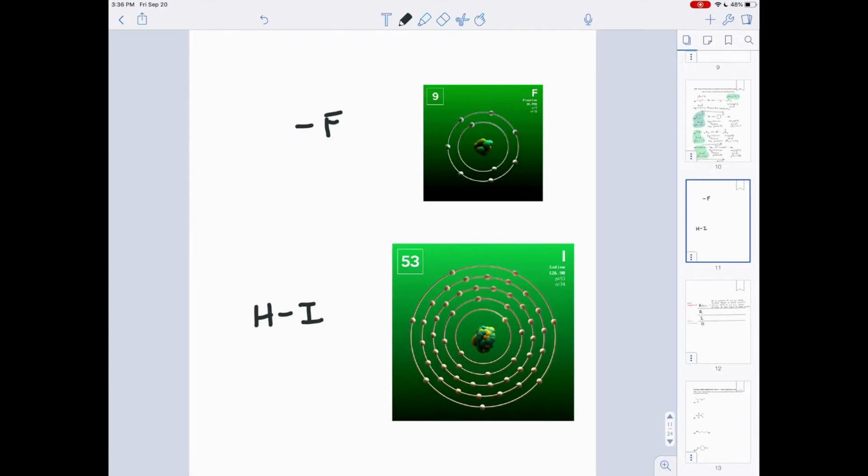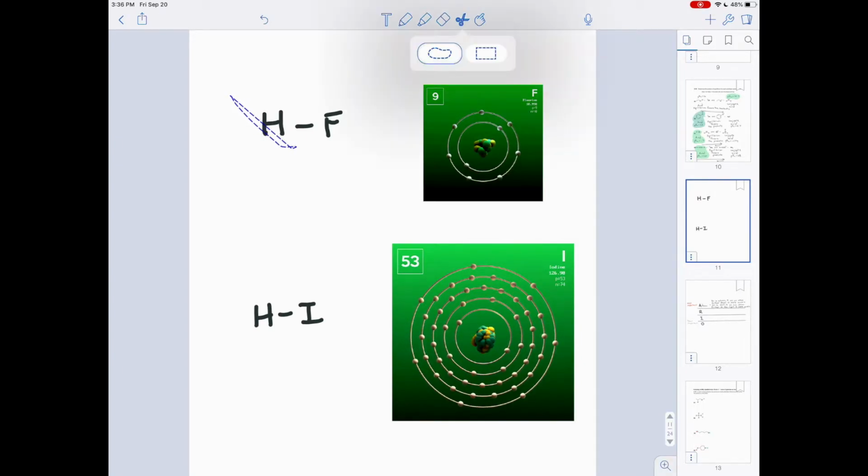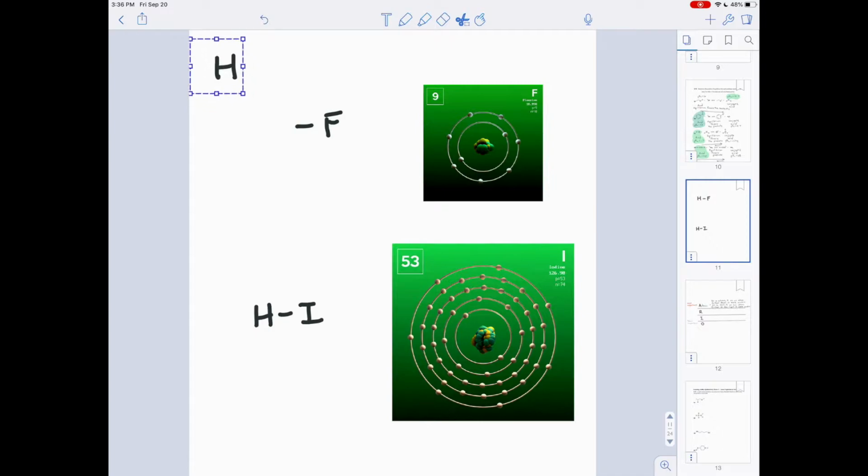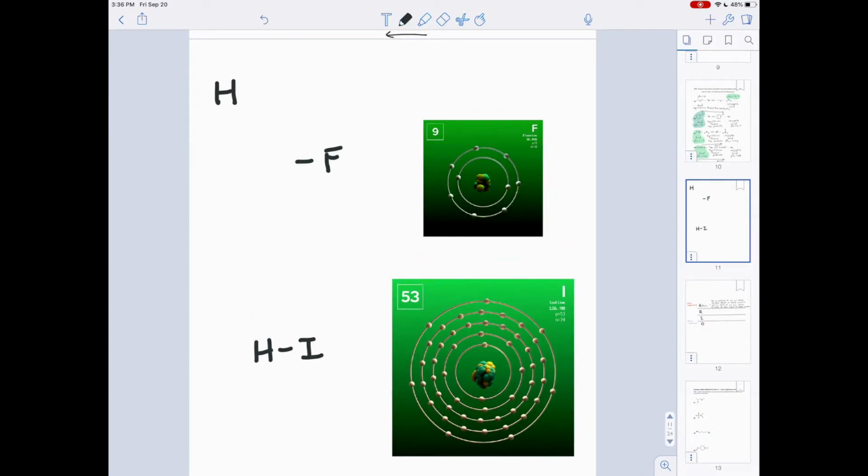It leaves the molecule. Doesn't take electrons with it, so it has a plus charge. And the electrons in the bond then would go onto that other atom that stayed behind. Now, this fluorine had 3 other lone pairs to begin with, but this is the lone pair that was in the bond. And so that has a negative charge.